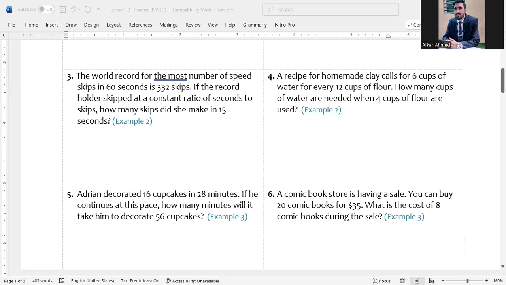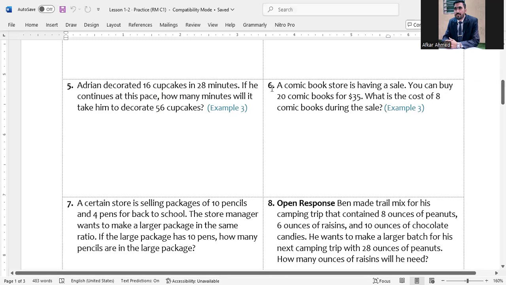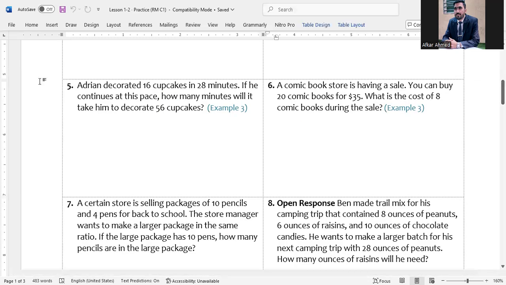Okay. The question that is related to this one is also question number 6. I'm leaving this one for you. You have given 20 books and for 35, 35 is the price. Now again, he is giving us the number of books, which is 8, and we need to find what will be here.